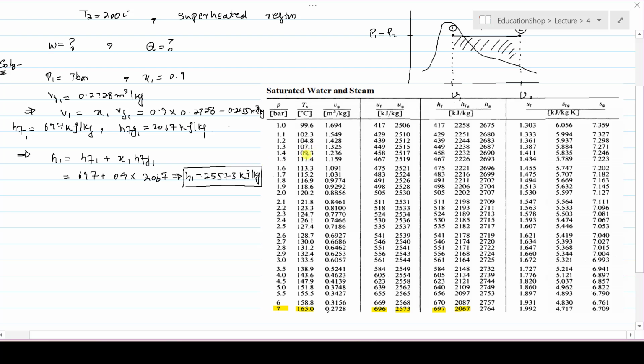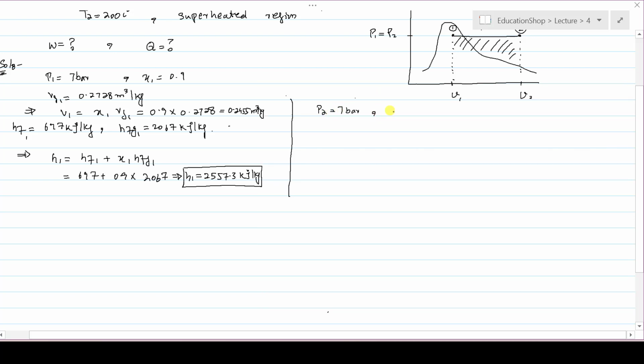Now the initial state point specific volume and enthalpy have been calculated with the help of the saturated water steam table. Now I will remove this from the screen because we have taken all the data required at the initial state point, and it covered a lot of workspace. P2 is 7 bar and temperature T2 is given as 200 centigrade.